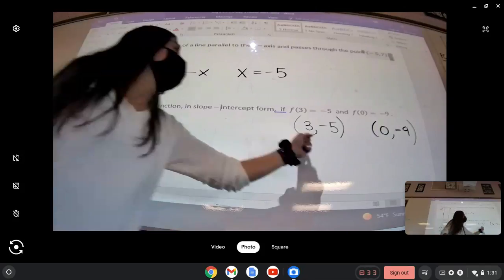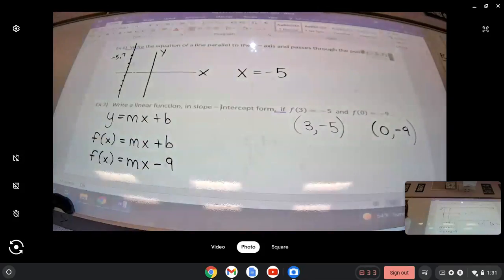And now, since you know 2 points, what can you find on your own? Did you know that? Okay. Slope. Everybody find slope. And you're done. So again, this is just putting together what we know about function notation.